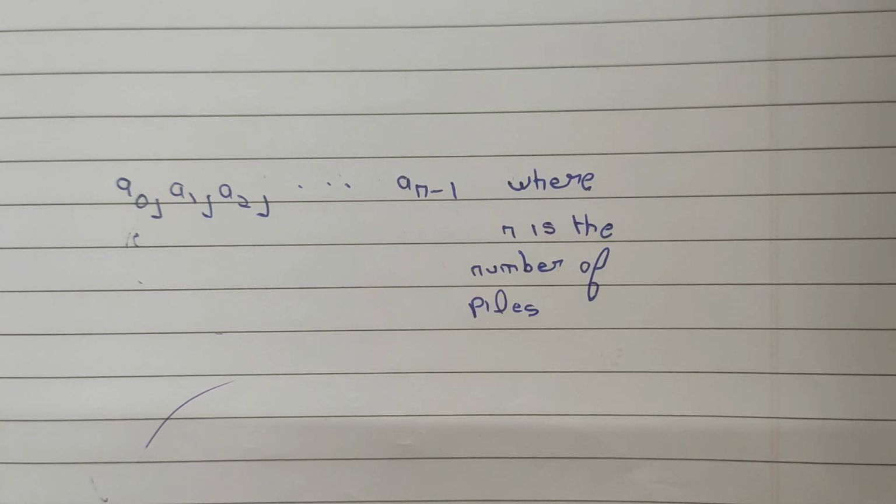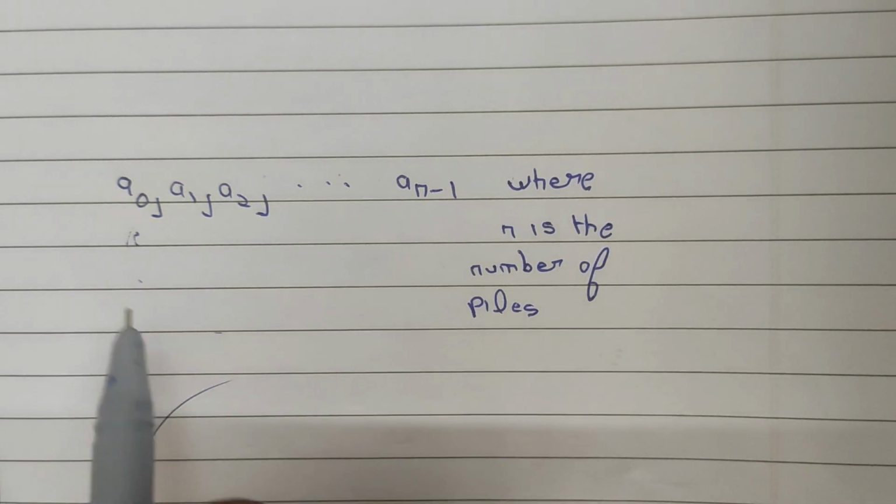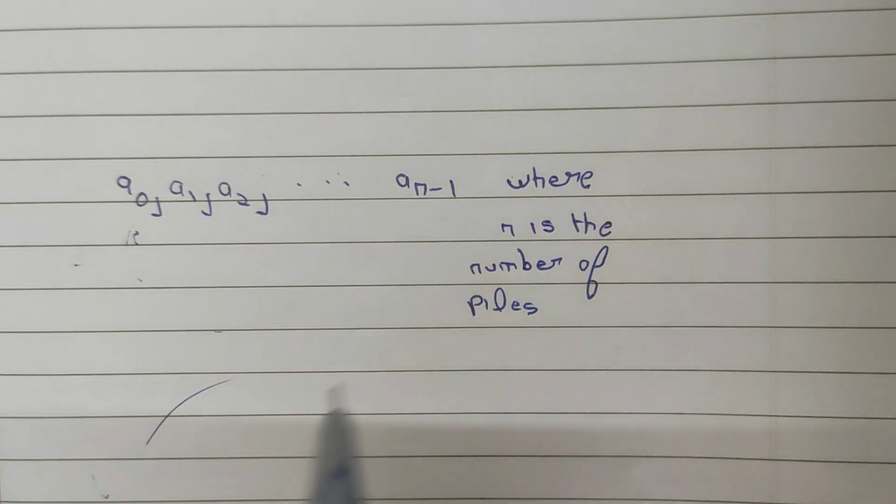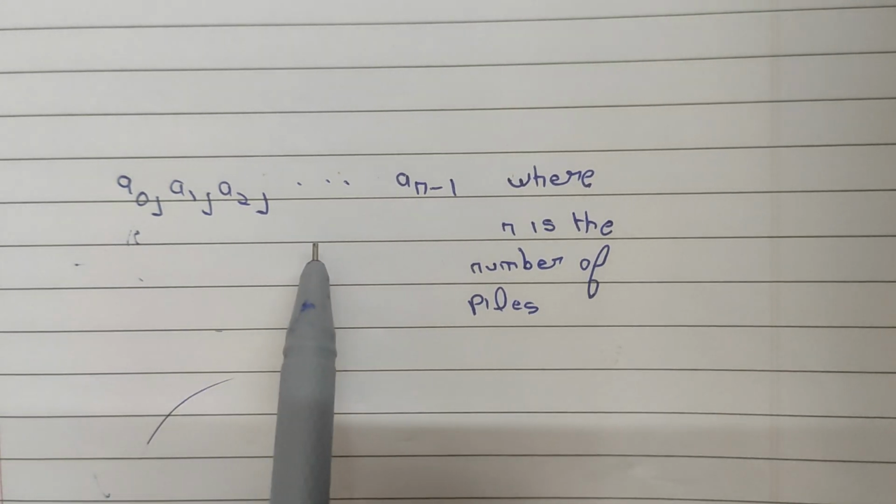In this video, we are going to discuss the solution to the problem Get the Loot, which was the second problem of the contest. In this problem, there is a loot split into n piles and each pile has ai pieces of loot.